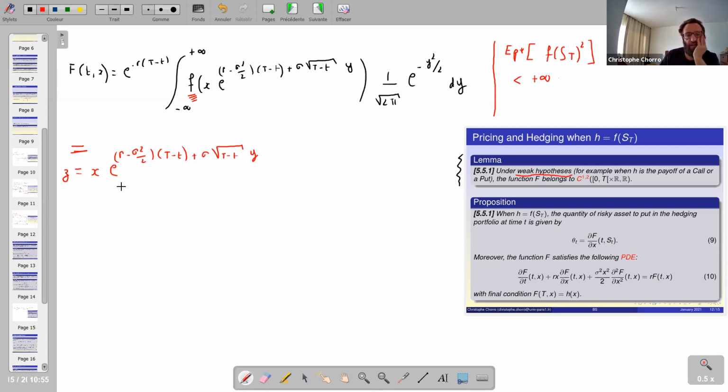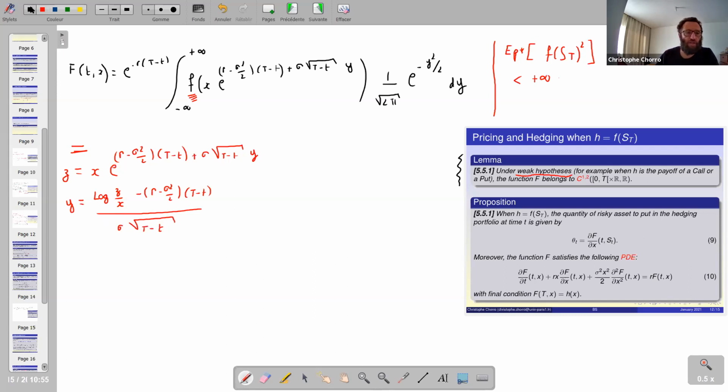And this change of variable means that y is equal to what? It's the logarithm of z over x, minus (r minus sigma squared over 2) times (capital T minus t), over sigma times the square root of capital T minus t.